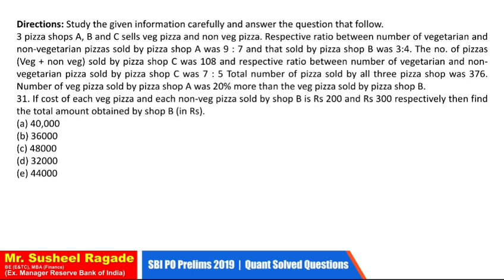So 3 pizza shops A, B, C sell veg pizza and non-veg pizza. Respectively, the ratio between the number of vegetarian and non-vegetarian pizzas sold by pizza shop A was 9:7. So there are 3 shops, A, B, C and total.